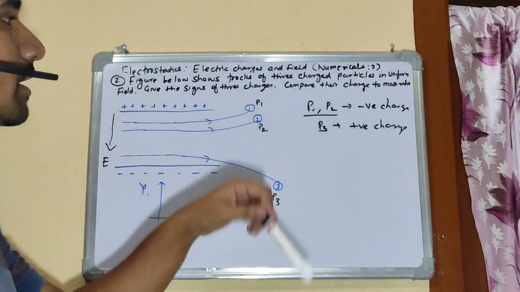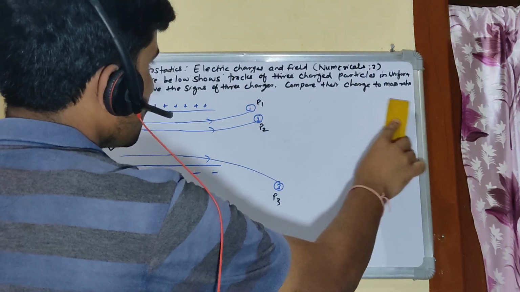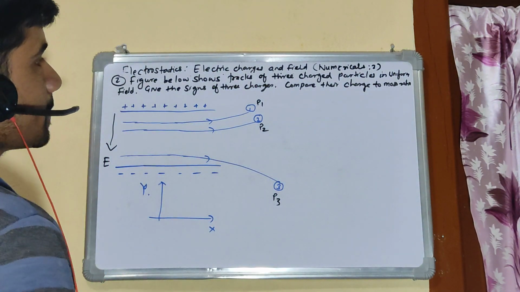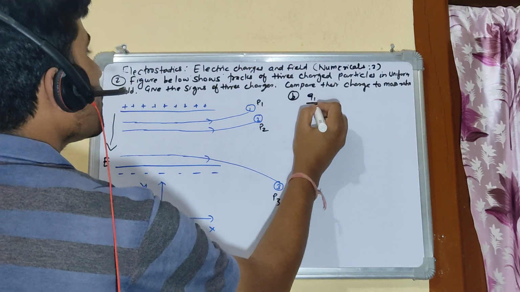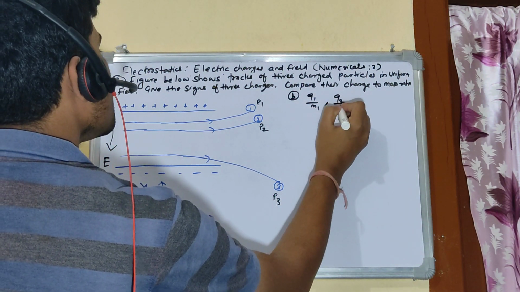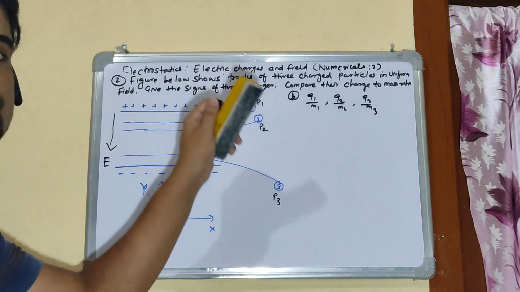Let's dig a bit more and solve part 2. Part 2 says we need to compare Q1 by M1, Q2 by M2 and Q3 by M3, the charge by mass of all these 3 particles.